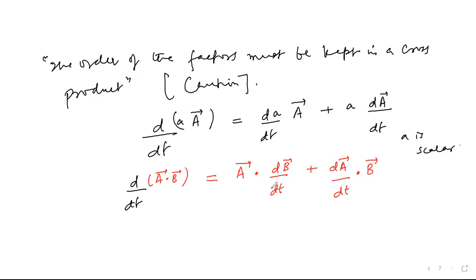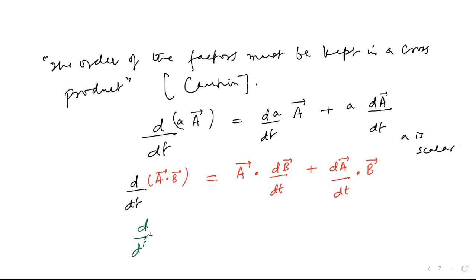A dot derivative of B with t plus dot of derivative of A with time with B. Now, what about cross product? I said order must be kept in a cross product. Here you can write it this way or that way. You can write A here, B here. Dot product is commutative, no issue.